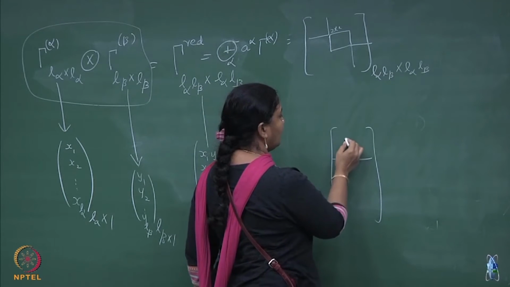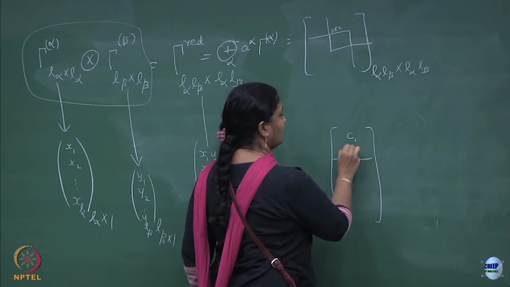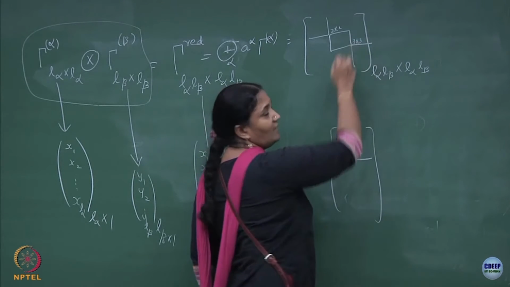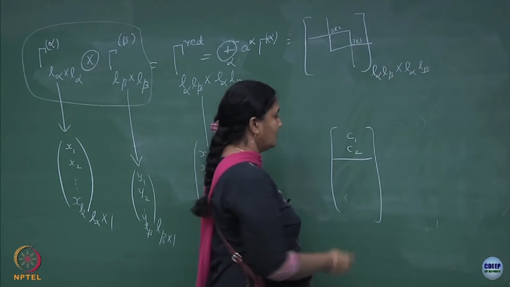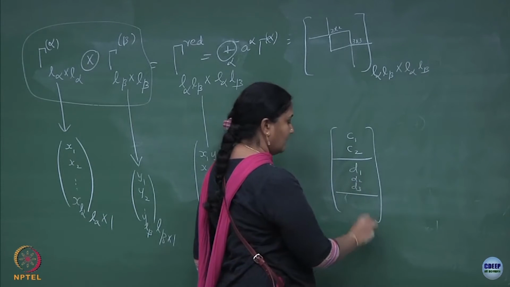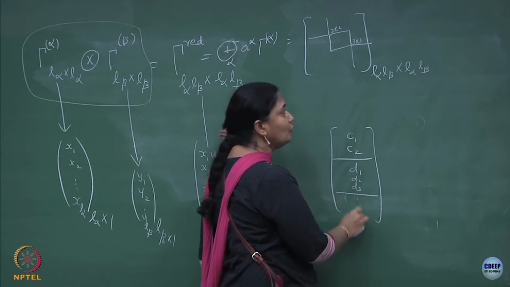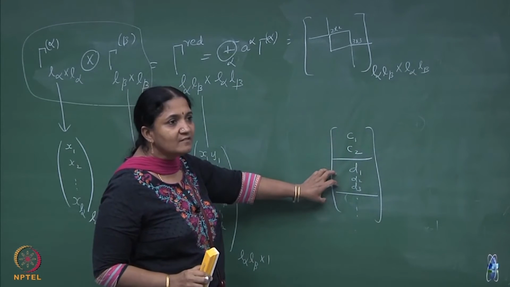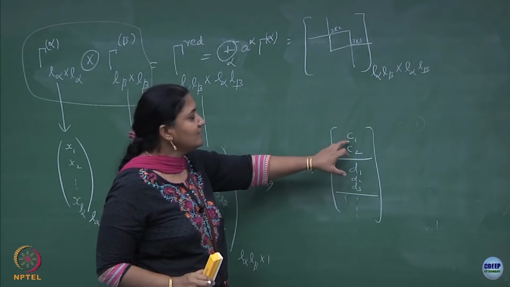So, let me call it as some C1 and C2. Suppose this was 3 cross 3, then there will be a D1, D2, D3 and so on. So, you break it up into pieces, but what will C1 be?